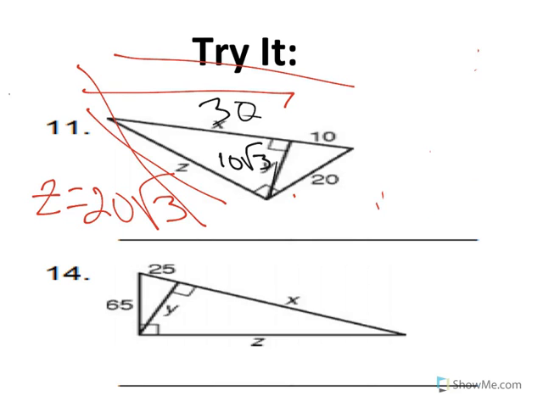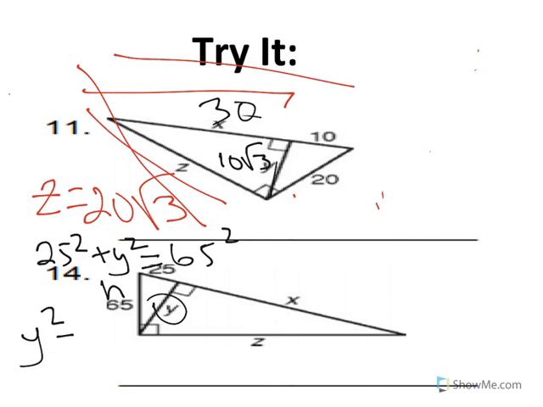And for number 14, similar to number 11, solve for y first. So that's a right angle, so this is our hypotenuse. So we said 25 squared plus y squared equal to 65 squared. So then y squared equal to 65 squared minus 25 squared.